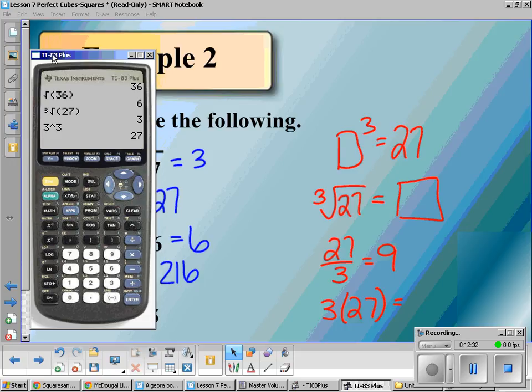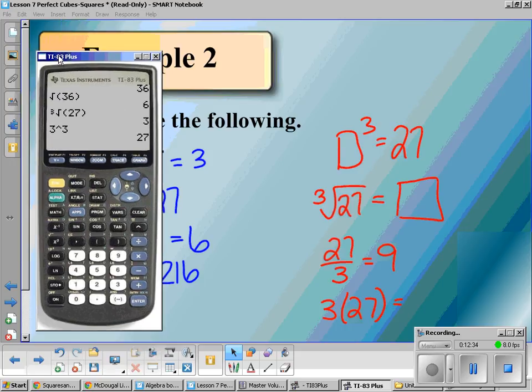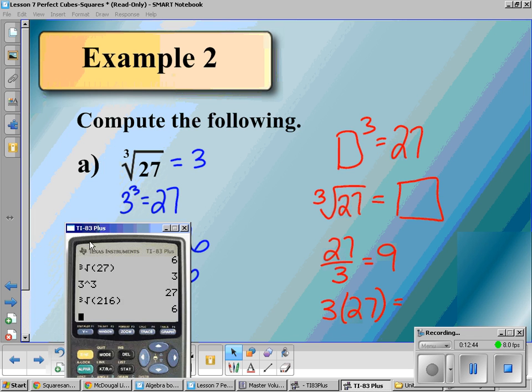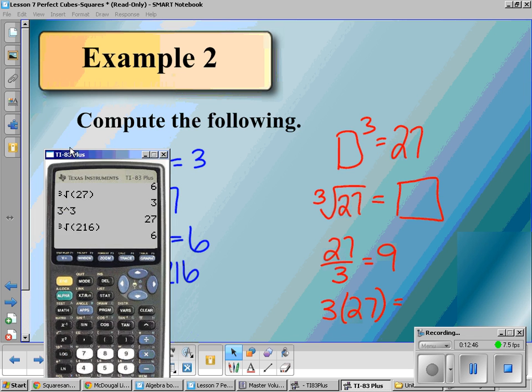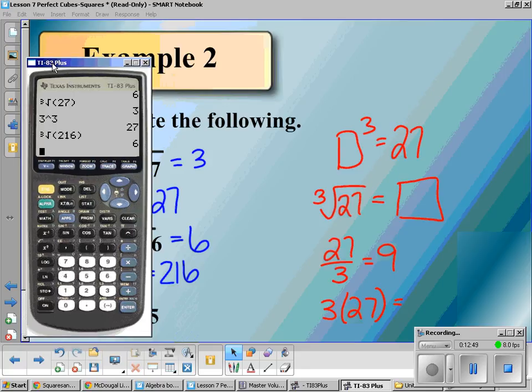So let's see. The next one was, we had 216. So why don't we try the cube root of 216? The cube root of 216 is 6. The next one was the cube root of 125. Okay. So math 4, 125. The cube root of 125 is 5.